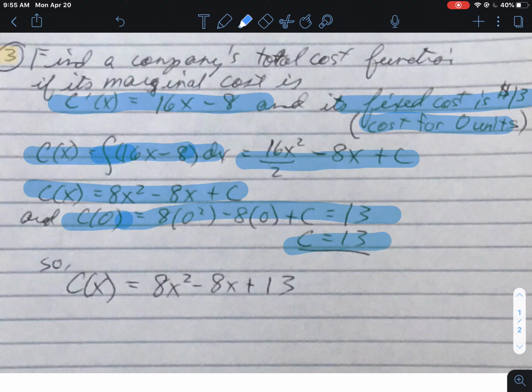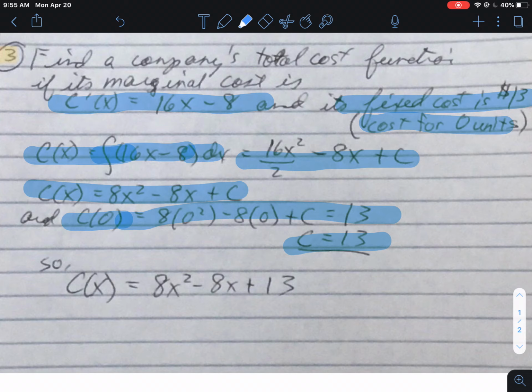Of course, we would get C equals 13 here, and that's because our cost function in this case is a polynomial. Anytime you have a polynomial function and you plug 0 into it, all of your terms are going to zero out, and you're going to be left with whatever that constant is. But again, that's simply because the cost function in this case is a polynomial.